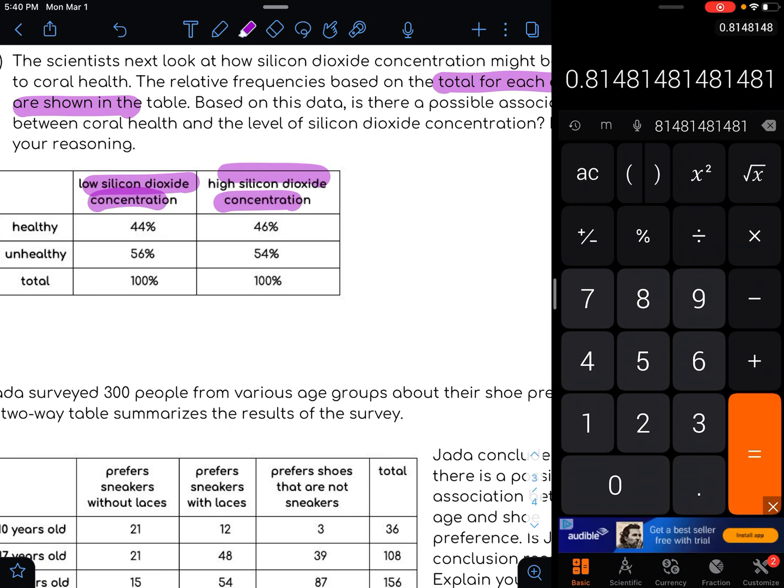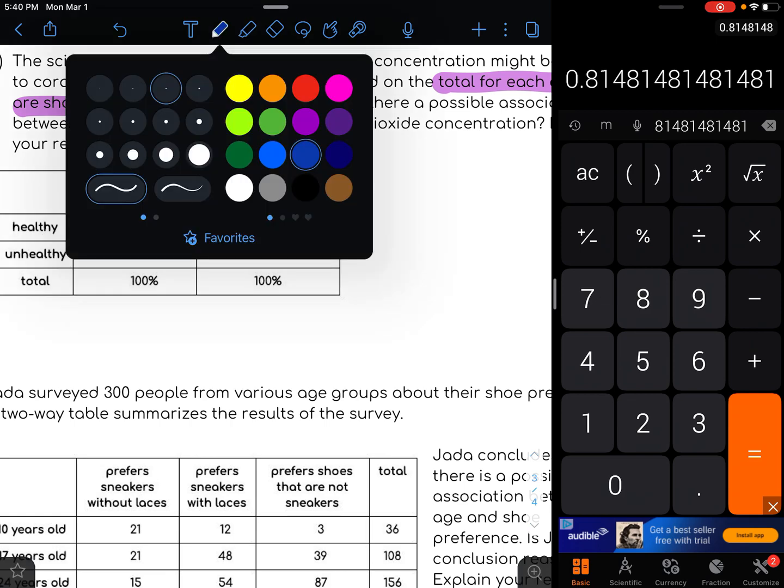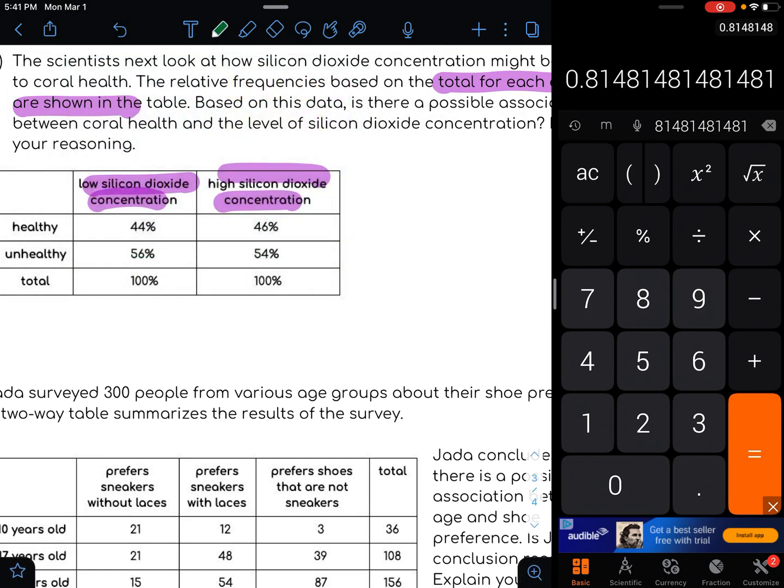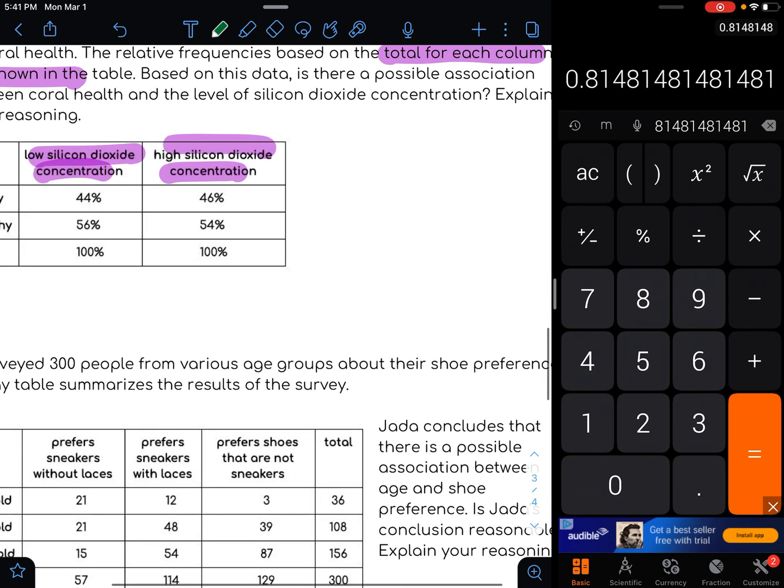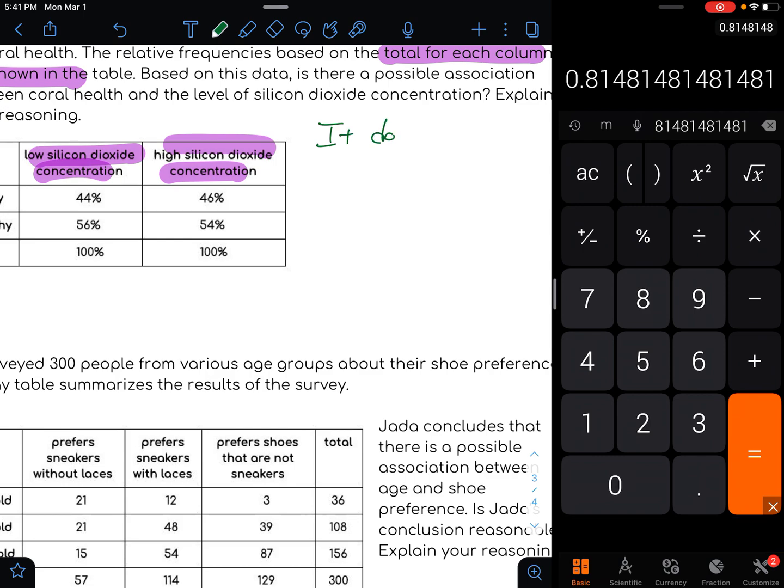We really don't, do we? 46, 54%, that's almost the same numbers as the first column. So in this case, it doesn't seem like there's a strong connection or association between the silicon dioxide concentrations and how healthy or unhealthy the coral is, because it's pretty much the same whether it's low concentration or high concentration. So let's say that.